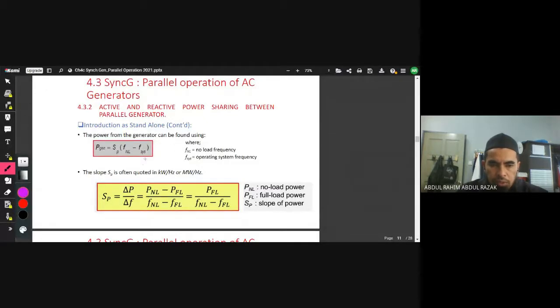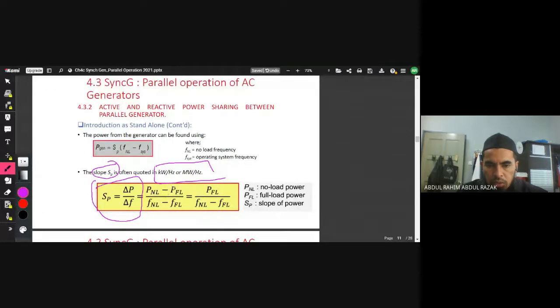S here is your slope, which is quoted in kilowatt per hertz or megawatt per hertz. So the slope is delta P divided by delta F. Delta P means the power generated during no load minus the power at full load.